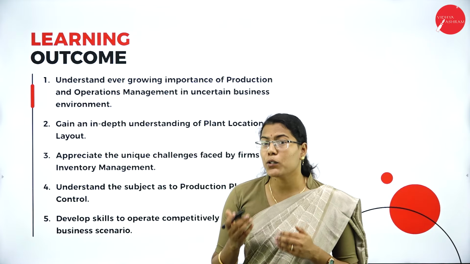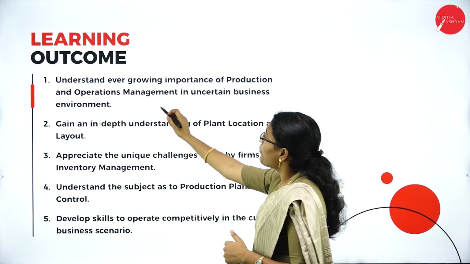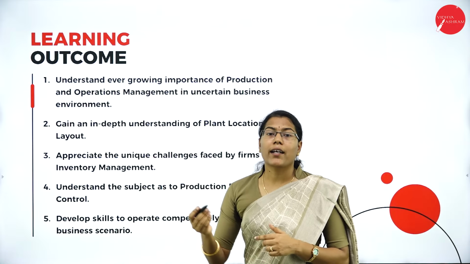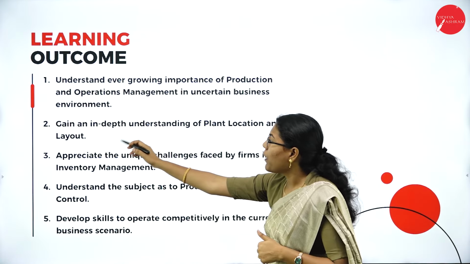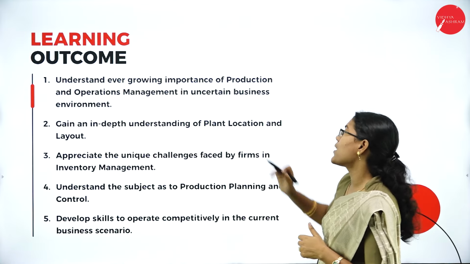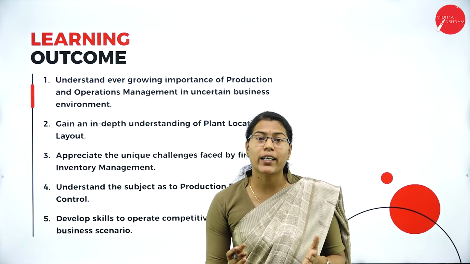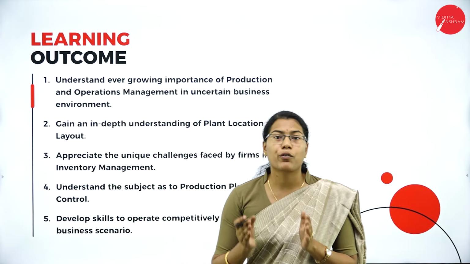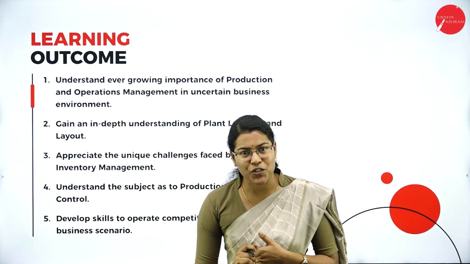So you will be able to understand how crucial production and operations management is in the ever-growing and unpredictable business environment. And you'll gain an in-depth understanding of plant location and layout, like how important the placement and the arrangement of the plant is for a business and its production and operations management.